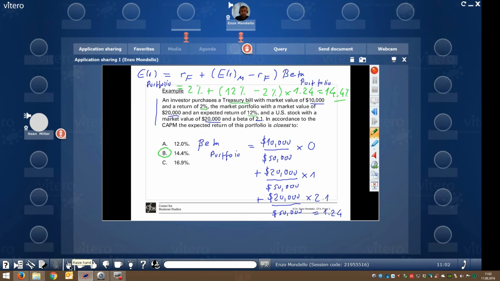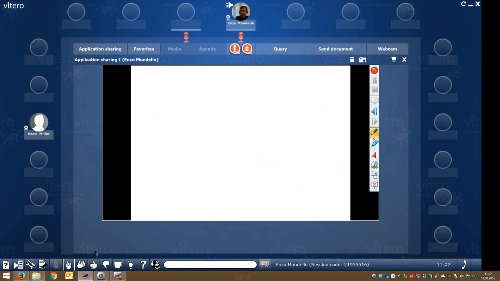Okay, so the question is how to calculate the beta for the stock. So let's have a look at it. The beta of the stock is calculated as follows. You have to run a regression between the stock returns and the market returns. So I take here on the vertical axis the stock returns, and on the x-axis the market returns.